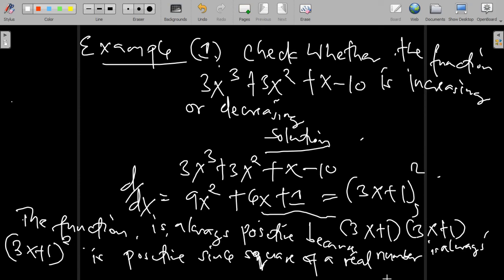Therefore, we may say that 3x cubed plus 3x squared plus x minus 10 is increasing.